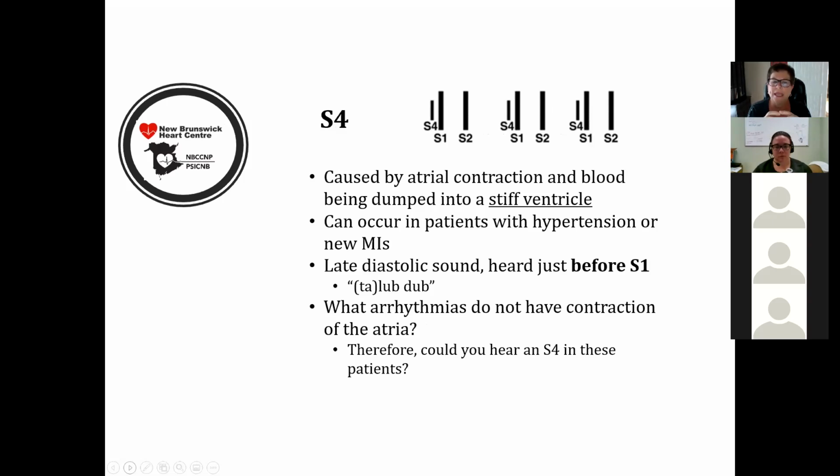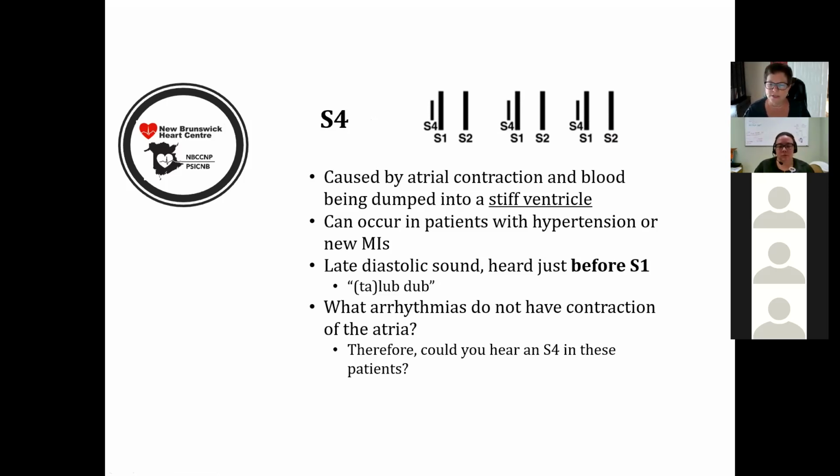It is a really late diastolic sound, so late in diastole that it actually sounds like it comes first. You'll hear ta-lub-dub, ta-lub-dub, ta-lub-dub. It is late in the diastolic phase, but our ear hears it as though it's the first sound.